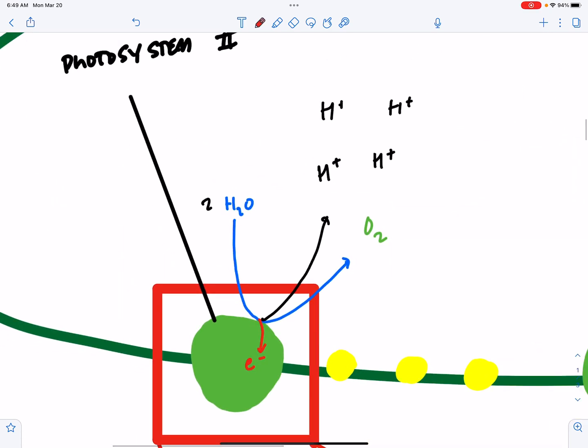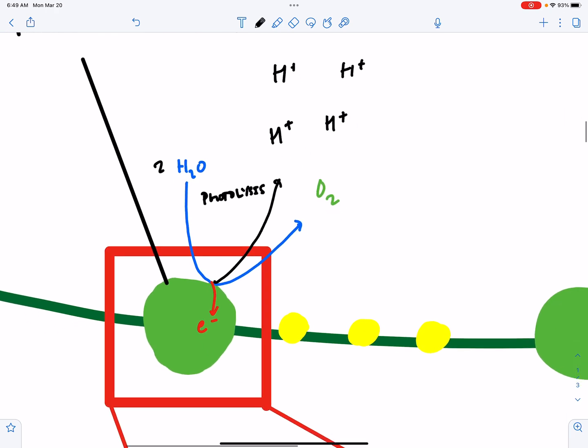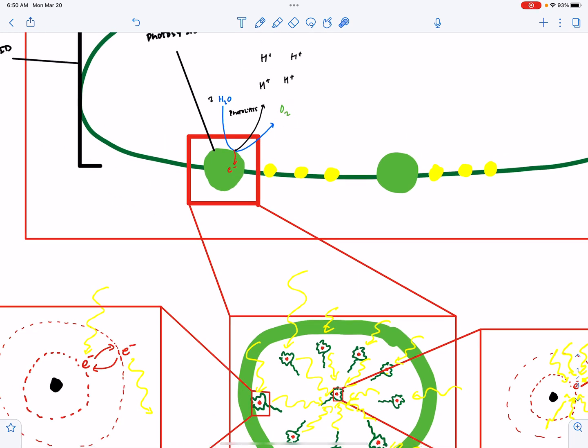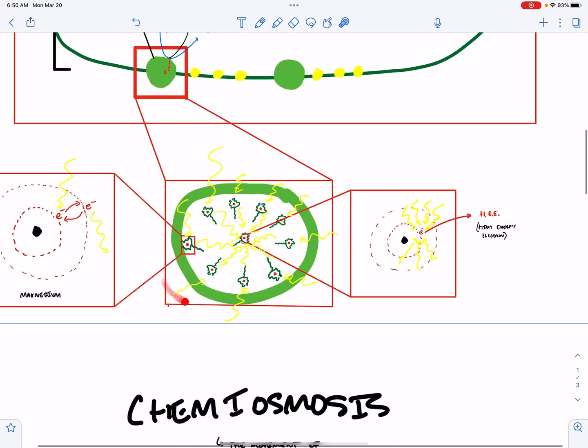This whole reaction is called photolysis. Photo meaning light, lysis meaning to split. So we're splitting water with photons of light. And in doing so, we've created oxygen, we've created hydrogen, but most importantly, we've created some low energy electrons that we're going to excite using the photosystems. Okay, so all that is happening in photosystem 2.